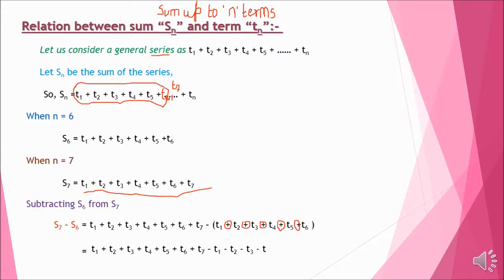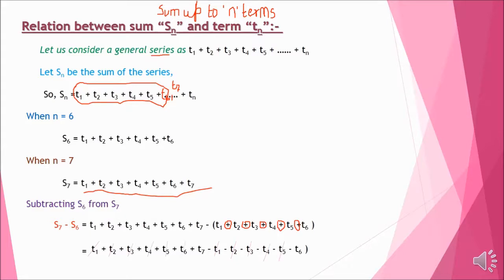Now T1 positive and negative cancel, T2 is cancelled, T3, T4, T5, T6 are cancelled. The only term remaining is T7.